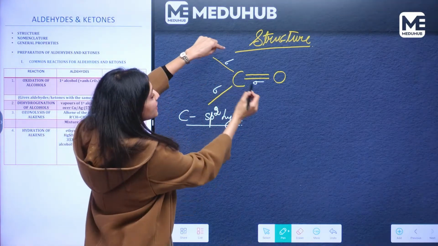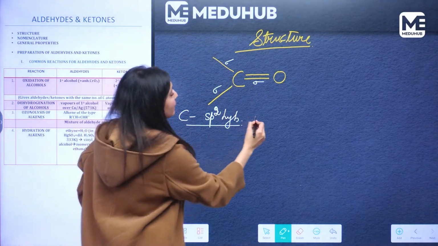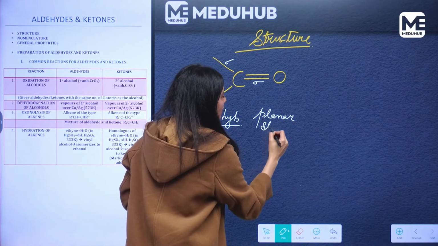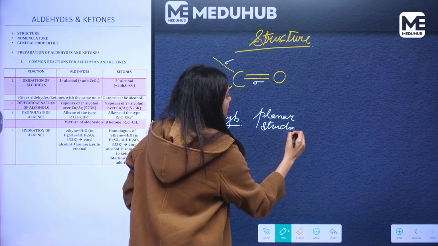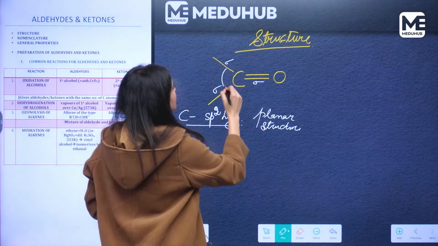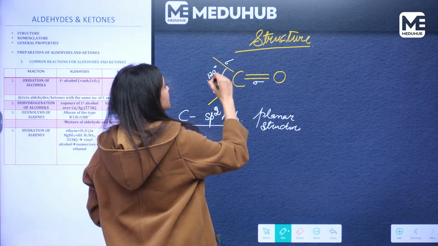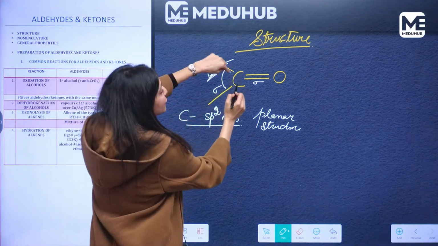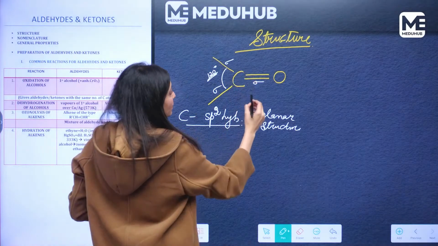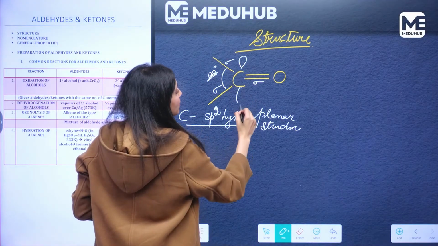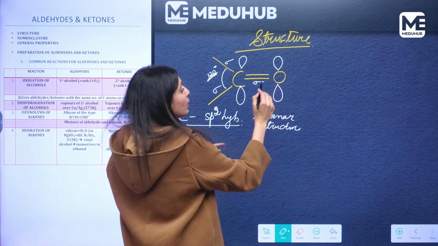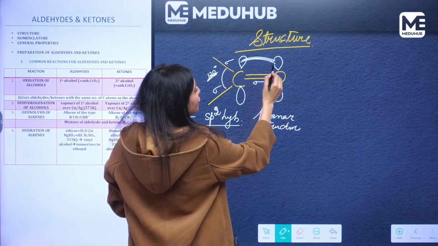It will have 3 sigma bonds and it will be a planar structure, which means that these bond angles will be 120 degrees. Now the fourth electron of this carbon remains in the p orbital, which forms a pi bond with the electron of oxygen.